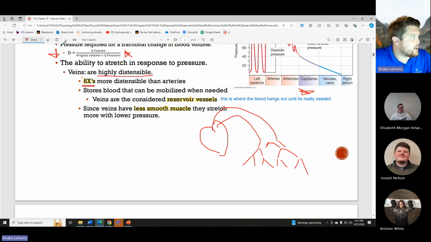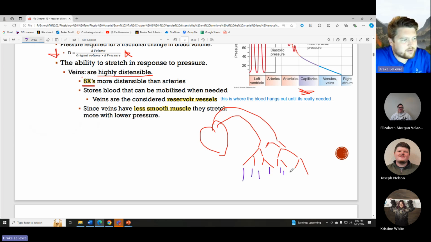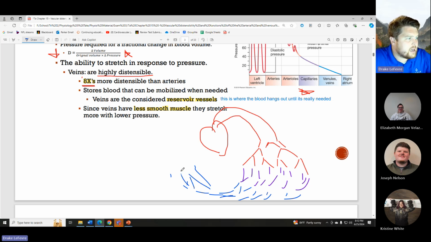They all branch until eventually they branch into the capillaries, and then from the capillaries, those enter the veins, and they continue all the way back to the heart, going from capillaries to venules. Venules are the smaller ones, and then the venules turn into bigger veins until finally it gets into our vena cava, our big vein, our inferior or superior vena cava, and then those dump back into the heart.